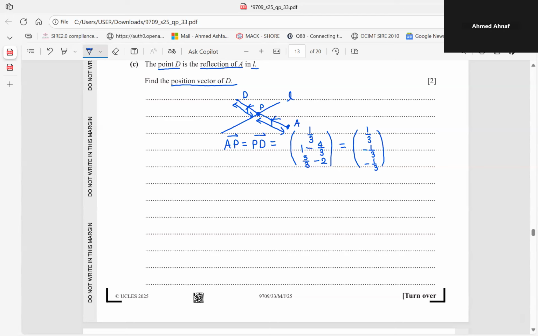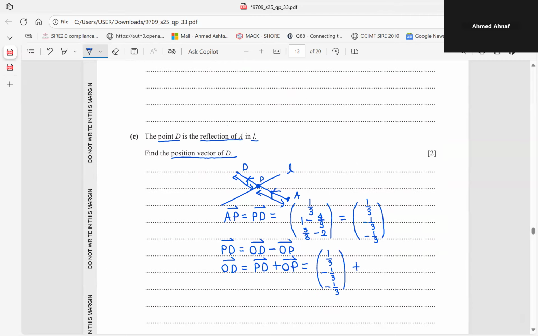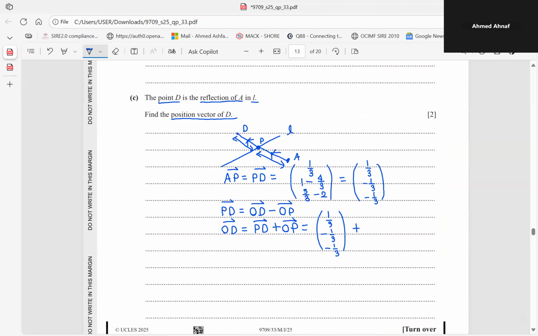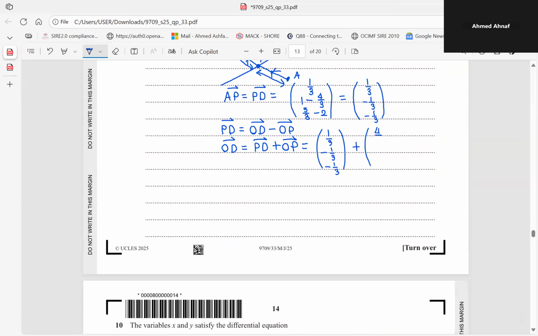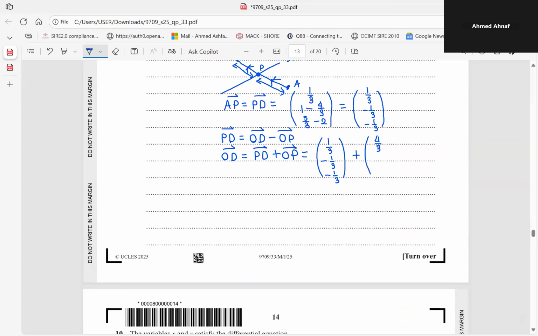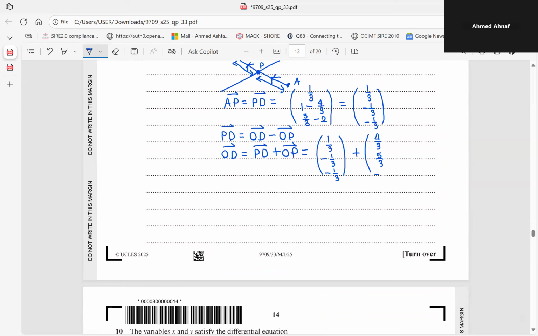This is PD. Now we can form an equation for PD in terms of OD and OP. So PD is obviously just OD minus OP. So hence OD is equals to PD plus OP. So PD is 1/3 times 1, minus 1, minus 1, plus OP, which we can get from our previous part. So let's use the unsimplified one. So 4/3, 5 over 3, minus 1/3. Okay.